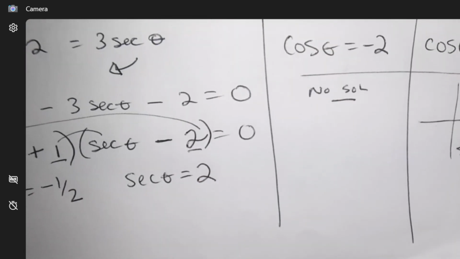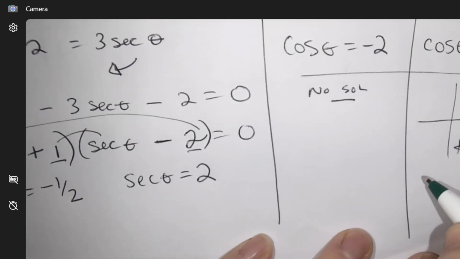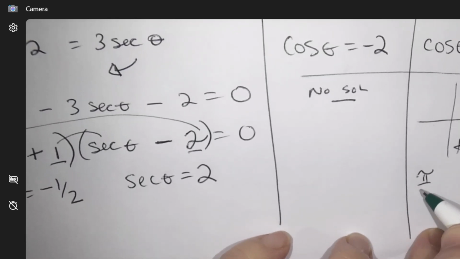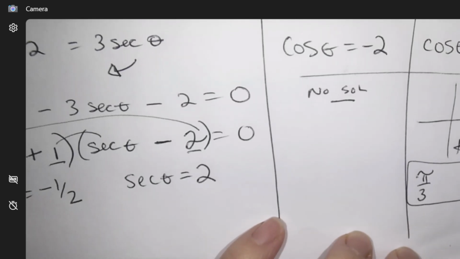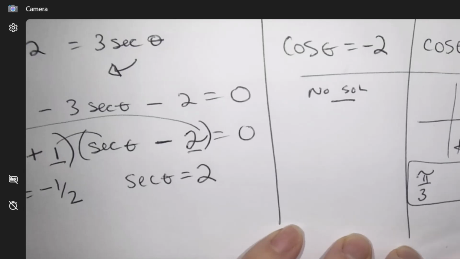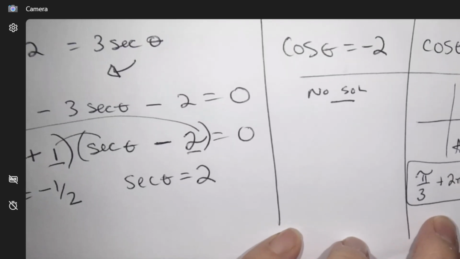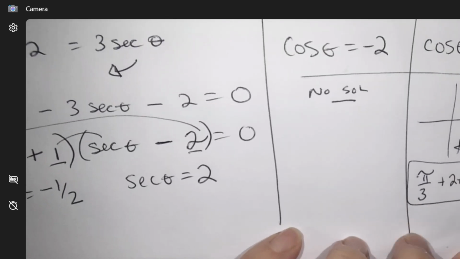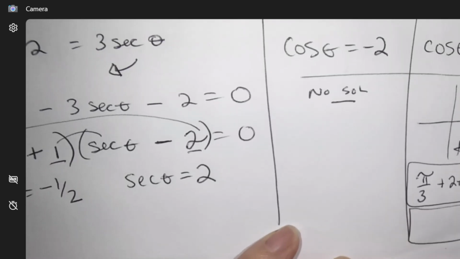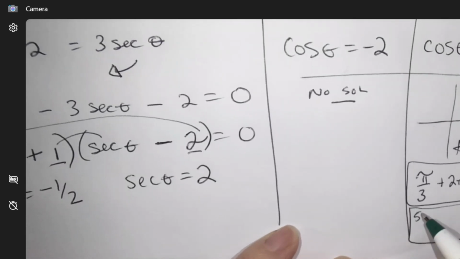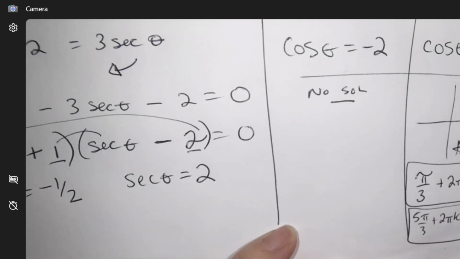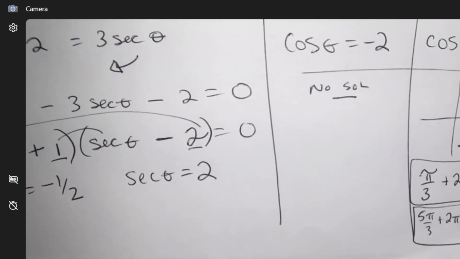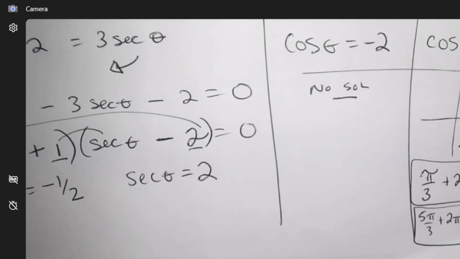So I'm going to actually write in radians. So I'm going to go pi over 3. But I have to say every single answer ever. So what do I do? Plus 2 pi k, k an integer. So that includes every revolution of that location.